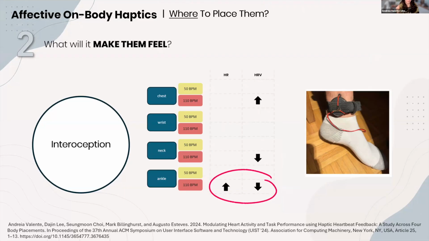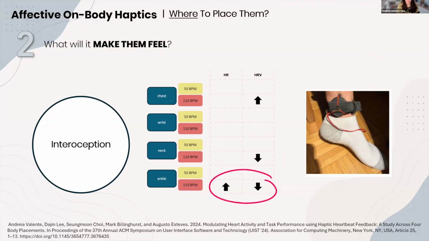And even though people do not expect to feel their pulse on the ankle, even though it's a pulse point, so there is a pulse there, when people are sitting down, this fake heartbeat works better. If we had tried this while people were walking, probably we would have had different results. So that's future work. I don't have time in my PhD to do that.